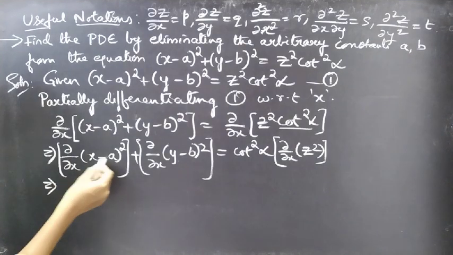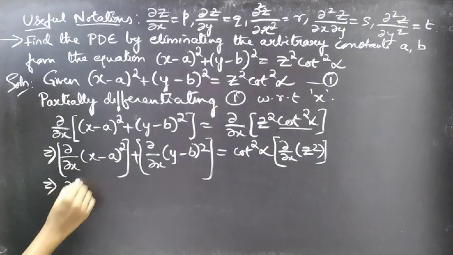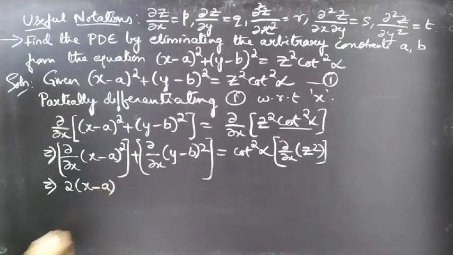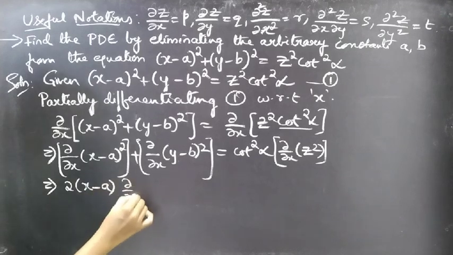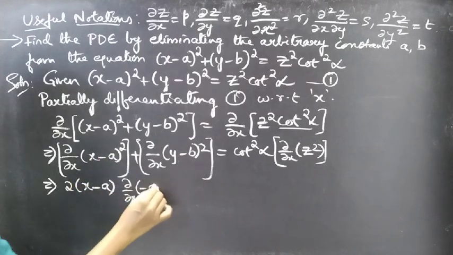Now the partial derivative of (x minus a) whole square with respect to x will be 2 times (x minus a) into the inner derivative, that is the partial derivative of x minus a.